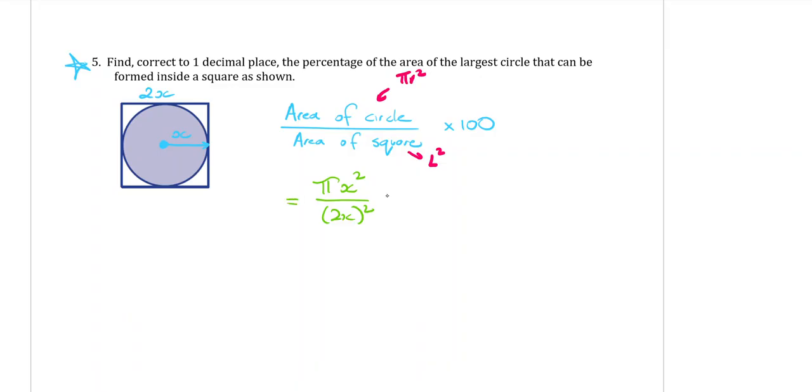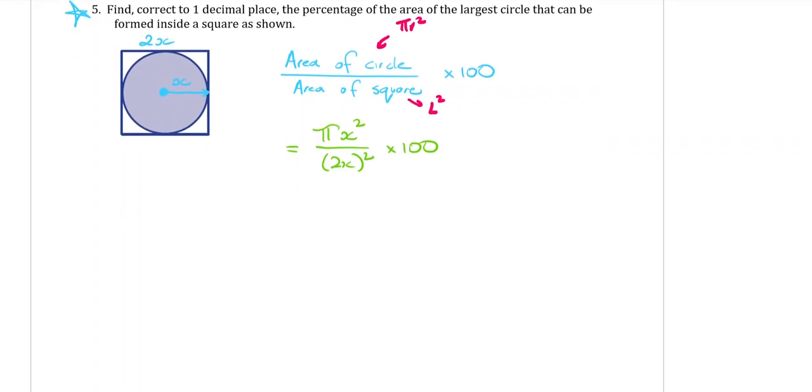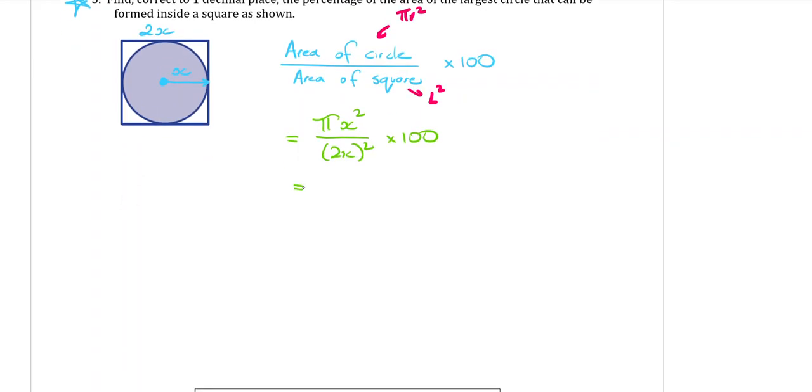And then that is going to be multiplied by 100 so that we can find a percentage. Expanding the brackets on the bottom, we have pi x squared on the top. Squaring the 2, we get 4, and the x squared times 100.